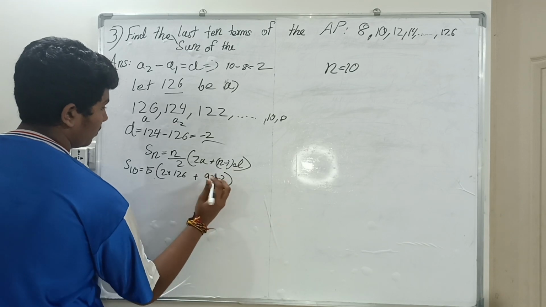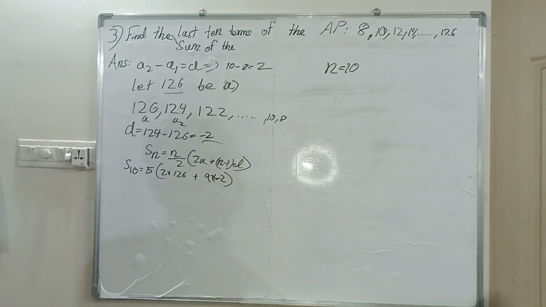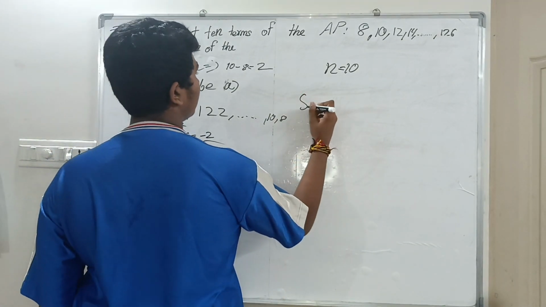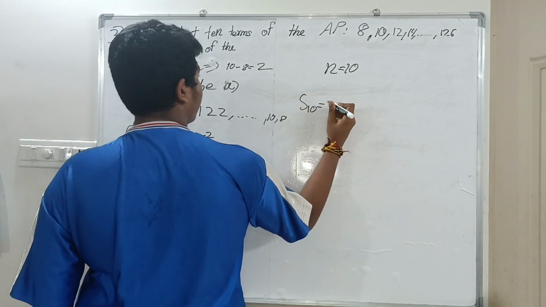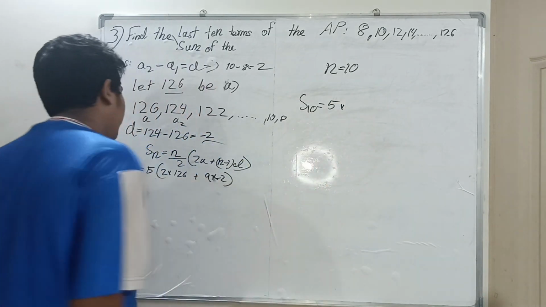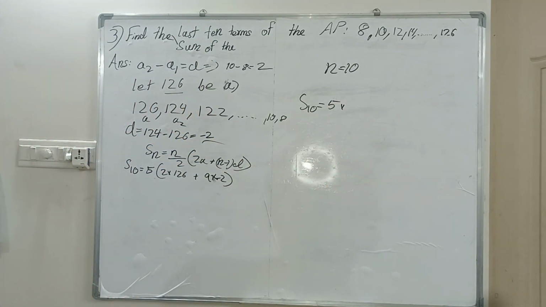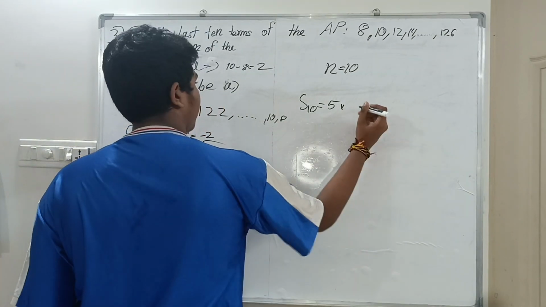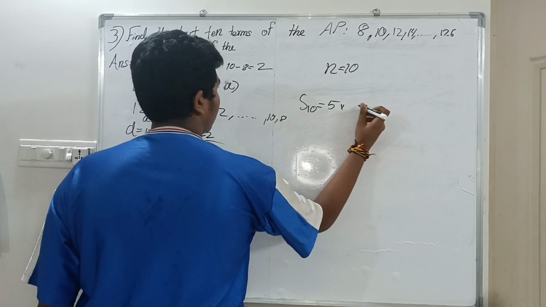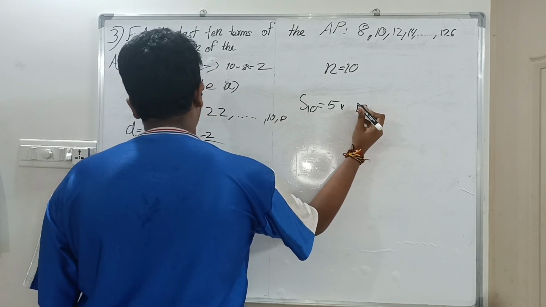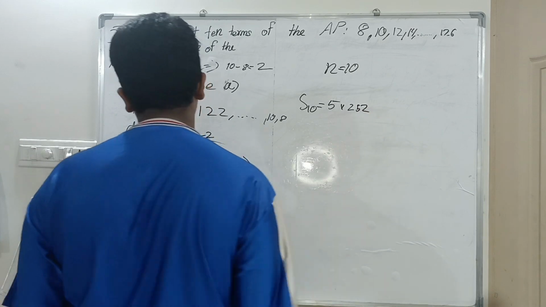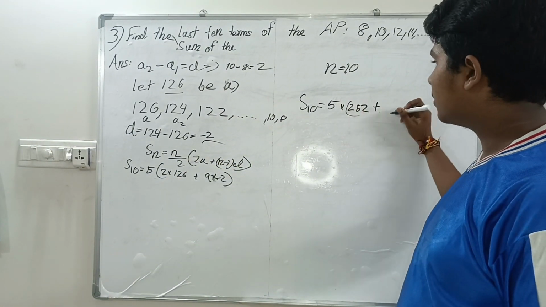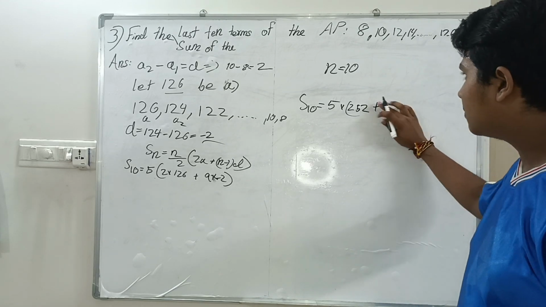So S10 is equal to 5 into 2 into 126, which is 252, plus, what is 9 into minus 2?